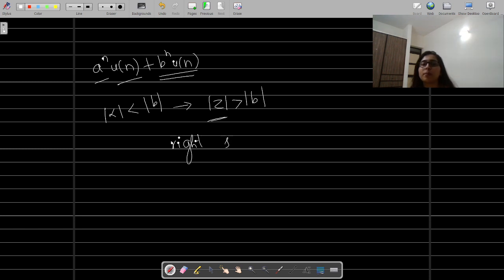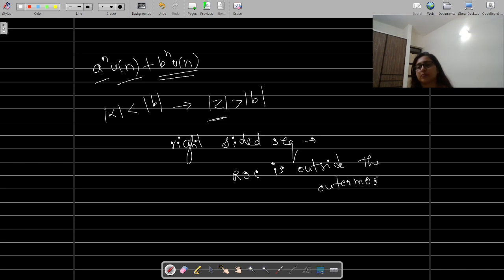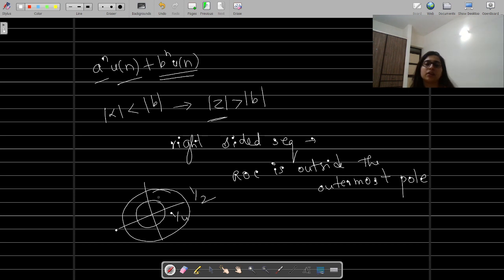This is one of the properties. For a right sided sequence, ROC is outside the outermost pole. Suppose my A is 1 by 4, B is 1 by 2, because its magnitude is greater. This is the outermost pole, so ROC will be outside this 1 by 2.